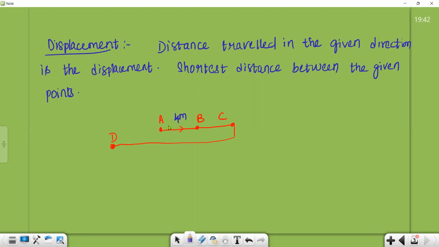So suppose it moved A to B in 4 meters and B to C in 6 meters, and then this is 5 meters.